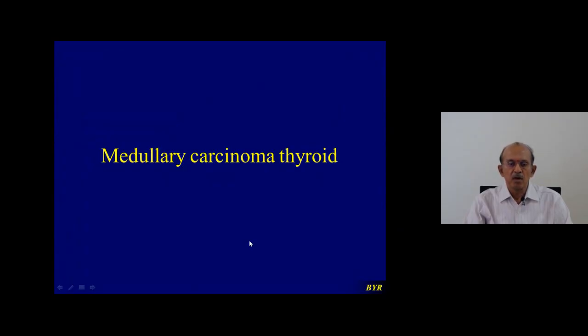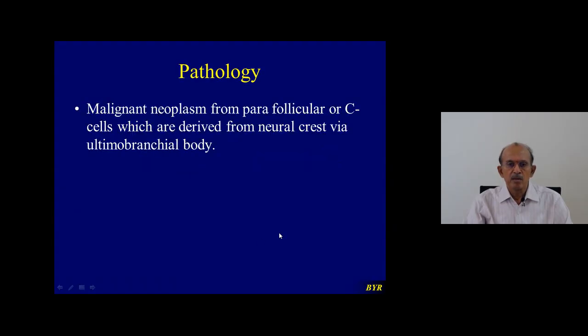Next is the medullary carcinoma of the thyroid gland. It is a malignant neoplasm arising from the parafollicular or C cells, which are derived from the neural crest via the ultimobranchial body.